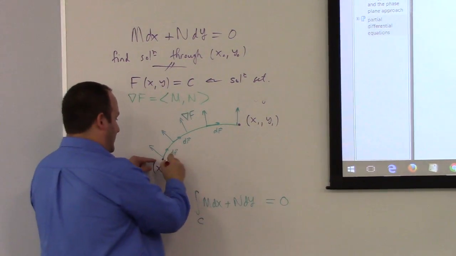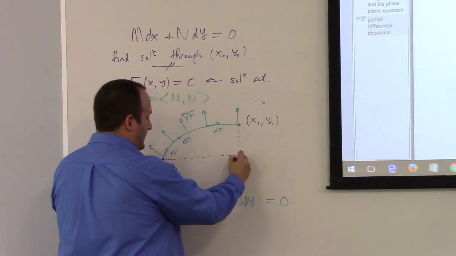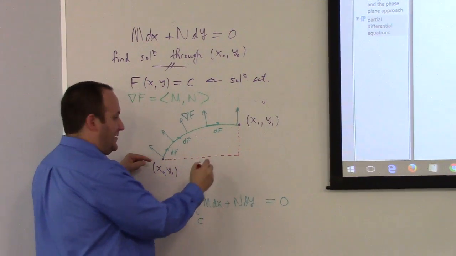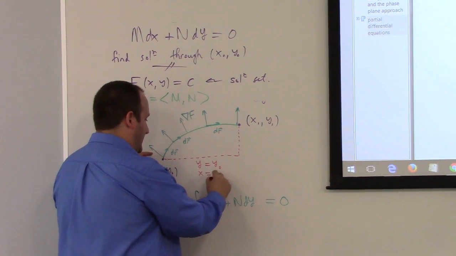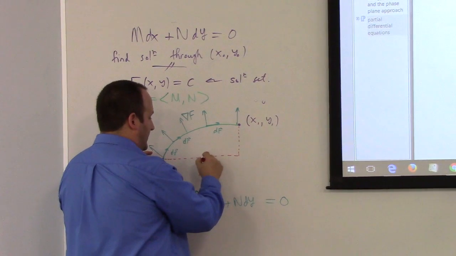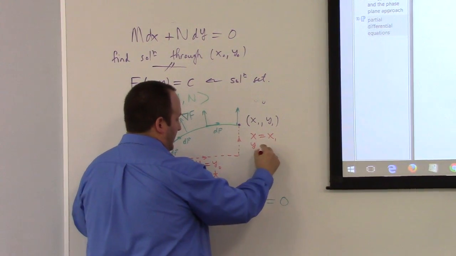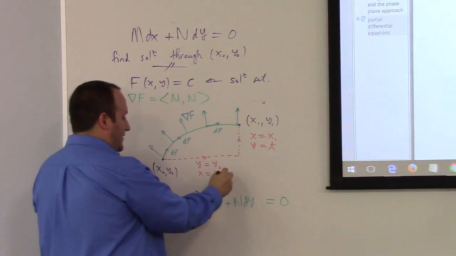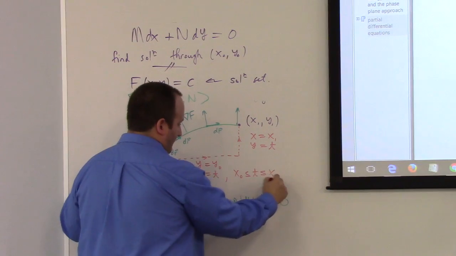So you could just do this, right? You can go like that. In other words, y equals y naught, x equals t, and over here this curve is x equals x1, y equals t, for t from what? Like that.